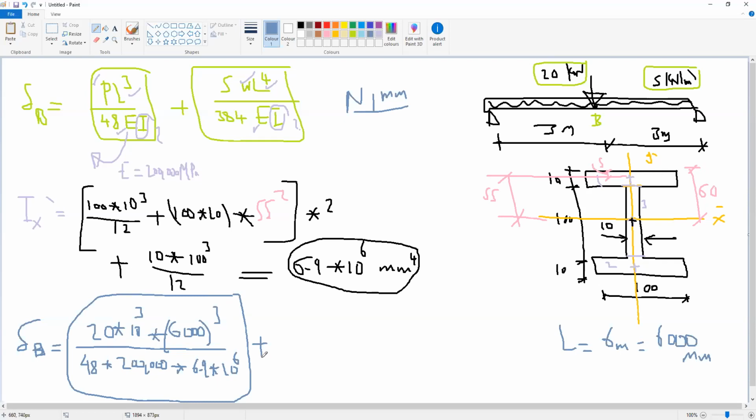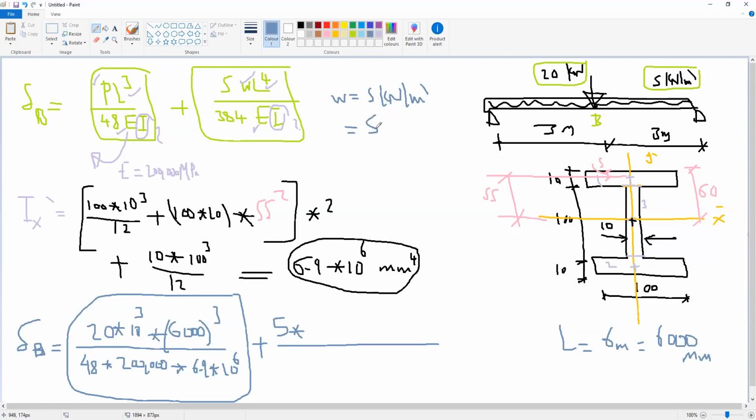Plus, for the uniform load, we know 5 multiplied by W. W is the load equal to 5 kilonewton per meter. How can we convert this to Newton per millimeter?